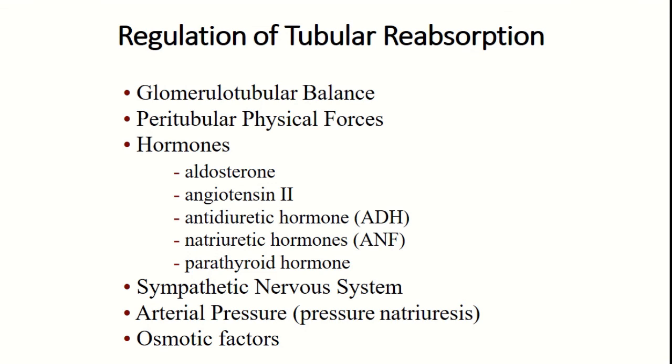So if the solutes are not reabsorbed from the tubular lumen, like if there is more glucose or more electrolytes in the tubular lumen, then water will remain inside the tubular lumen because of the osmotic effect, and this excess water is then going to be eliminated from the body. This is called osmotic diuresis. So all these factors are going to affect the tubular reabsorption and secretion. Hope it is clear to all of you.